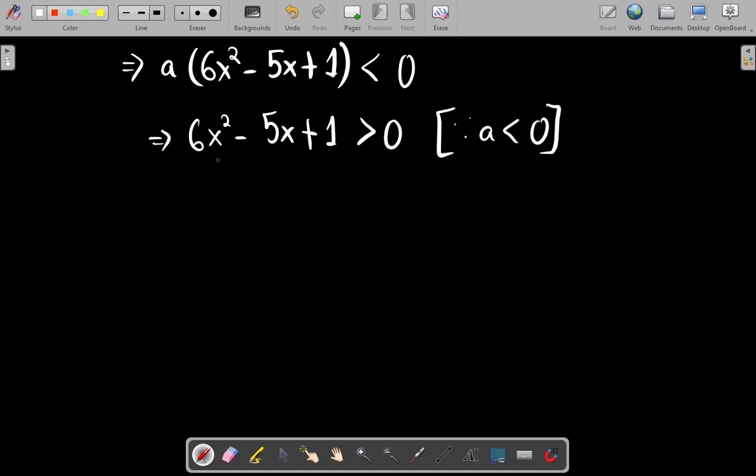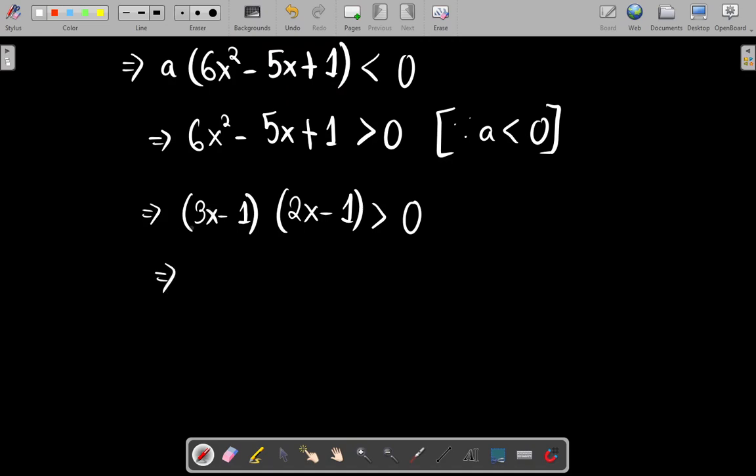Okay, so if we try to factorize this quadratic expression, product is 6 and sum is minus 5, so this can be minus 3 minus 2. So this becomes 6x square minus 2x, so this becomes 3x minus 1 times 2x minus 1 is positive.